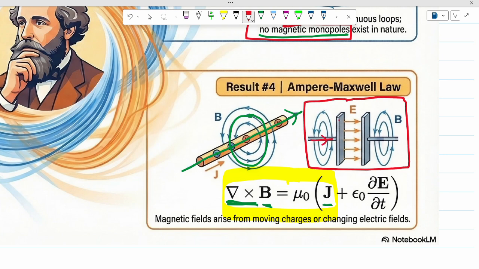Current is coming in, and then you have a thing that's called a capacitor. You can have an accumulation of charge on this plate, and then an accumulation of an opposite charge on this other plate. And with those accumulations of charges, the current is continuing to flow through. And in between these plates, you have an electric field that's changing as a function of time as charges accumulate.